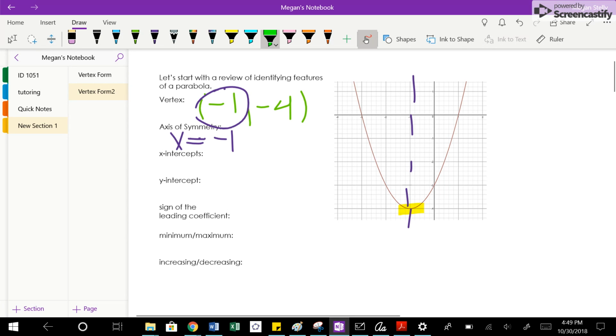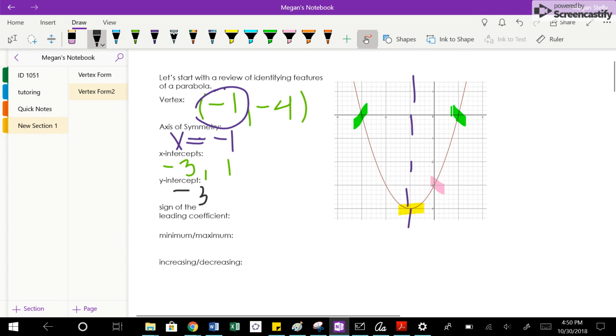Your x-intercepts, where do they cross the x-axis? Here and here at -3 and 1. Where does it cross the y-axis? Here at -3.